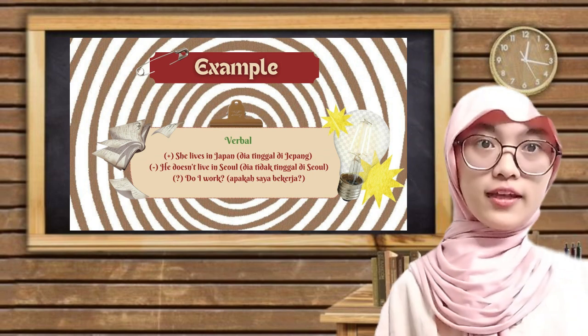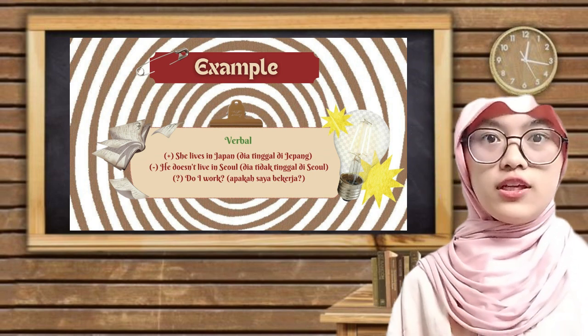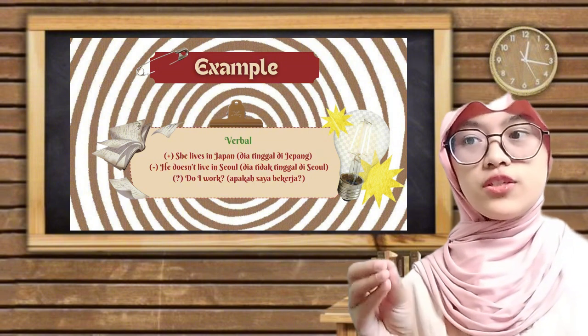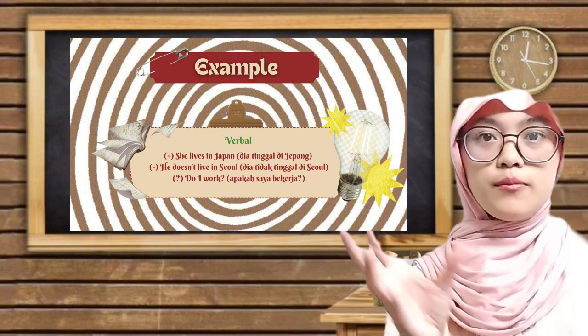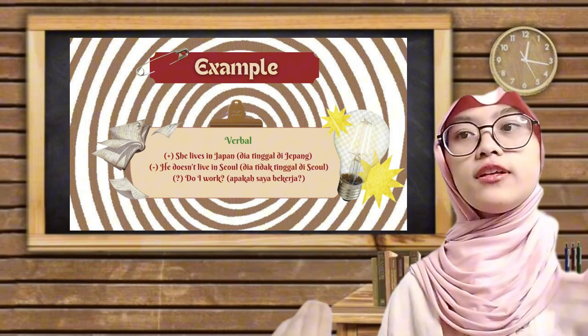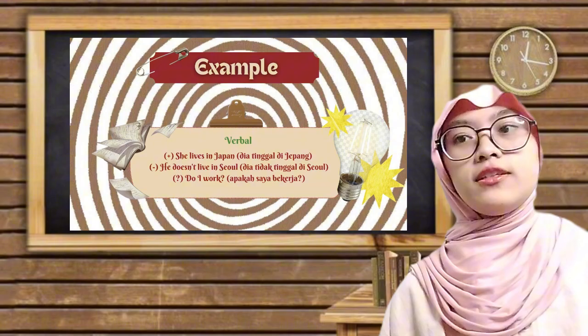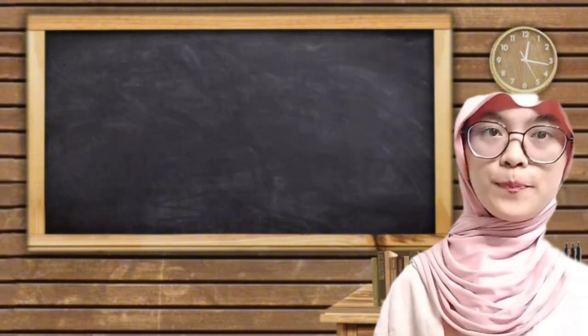And for the negative: he doesn't live in Seoul. The doesn't can't be shortened. It's like doesn't, but for the longer form it's does not. And for the last is interrogative. Do I work? Apakah saya bekerja?